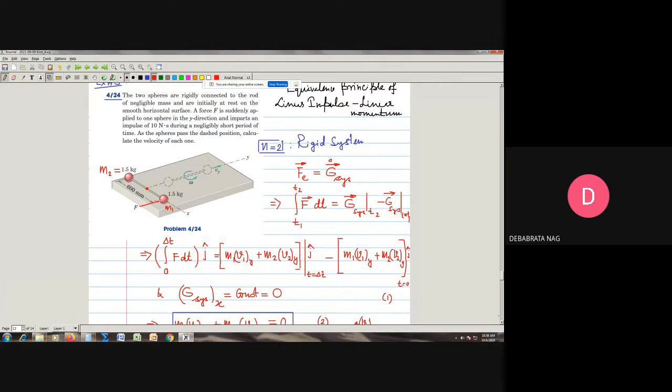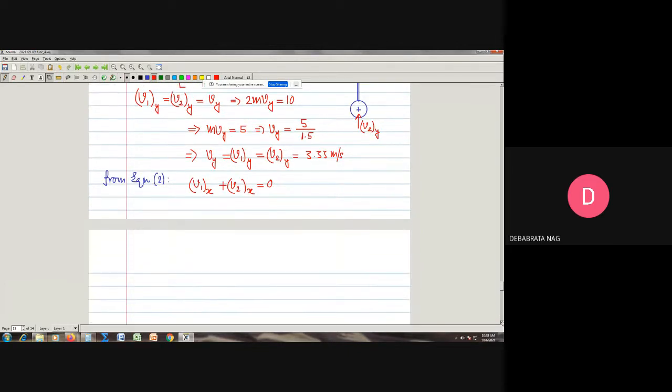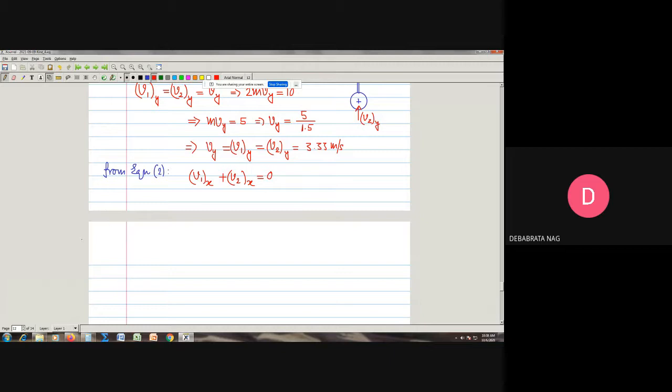So thus we can apply again the principle of angular impulse and angular momentum, because your force is applied at a certain distance from the center of mass.